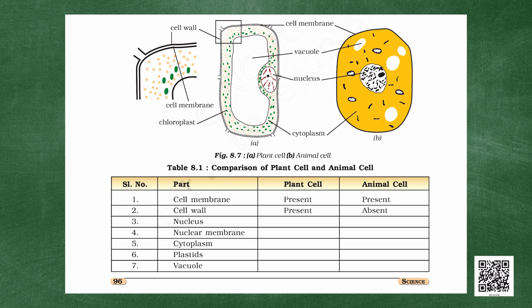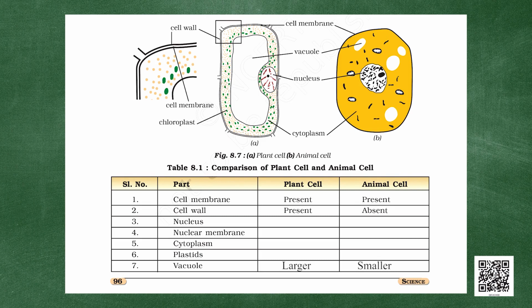What are the other prominent differences you can notice? In plant cell, cell wall is present. In animal cell, cell wall is absent. Yes, very good. Then, vacuole appears to be bigger in plant cell. Yes, there is a large vacuole at the center.